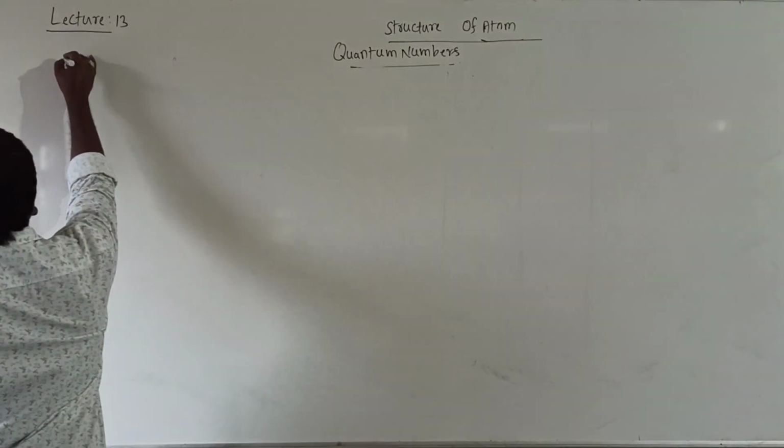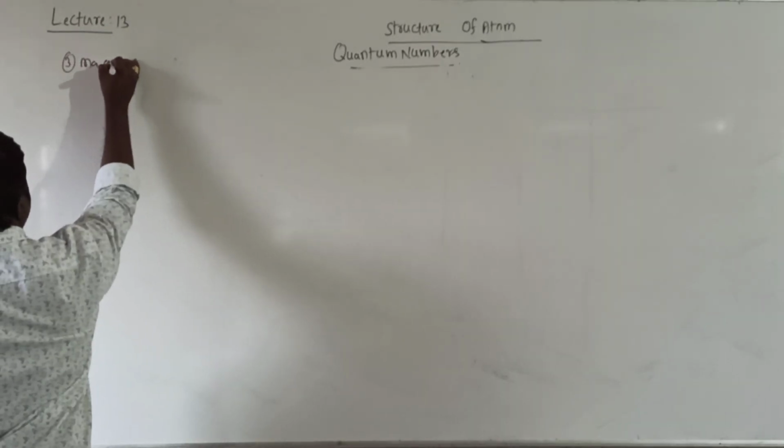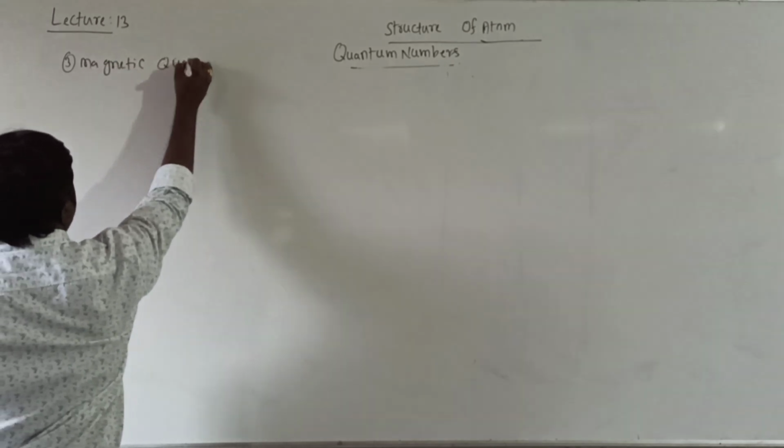Next, the third one is the magnetic quantum number.